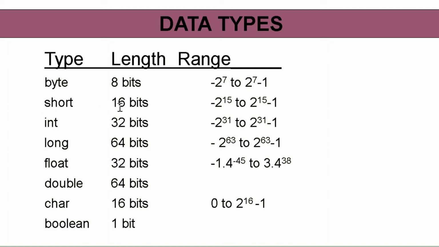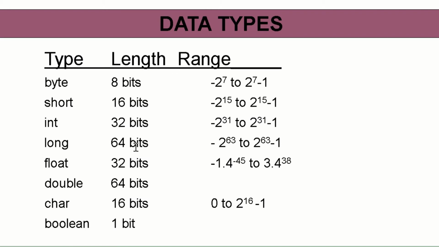For short, we have 16 bits. This is how you compute the range of short. For integer, that's 32 bits, so negative 2 to the power of 31 to 2 to the power of 31 minus 1. That's how you compute the range of int.